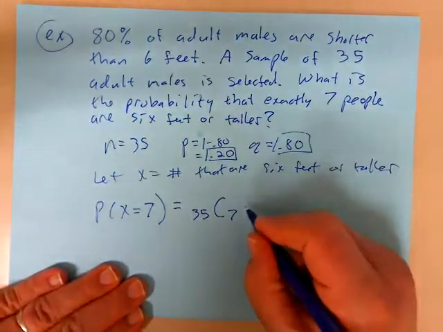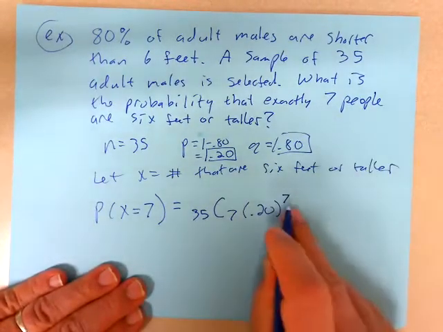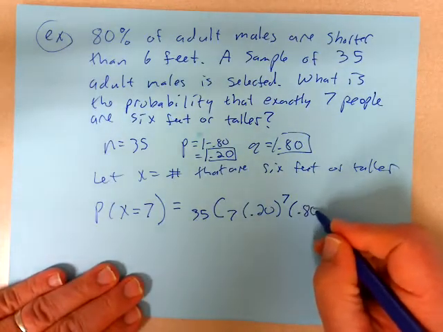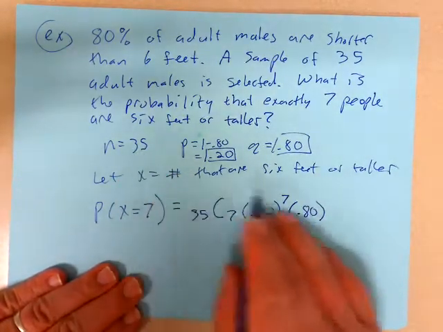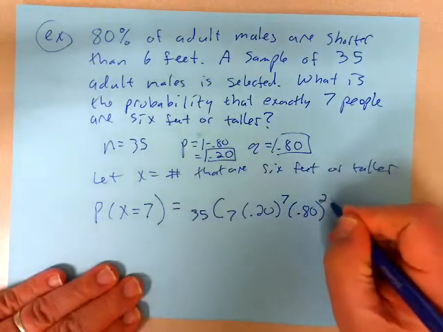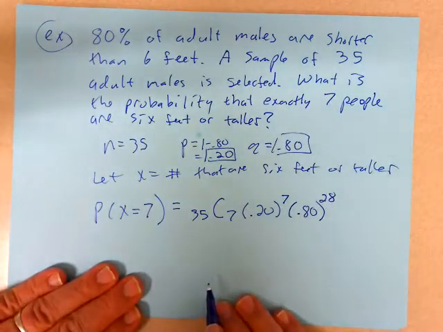That's how I think of that. The probability of a success raised to the number of successes I want, which is 7. The probability of a failure raised to the number of failures. So the number of failures would be 35 minus 7. So if I want 7 successes, I want 28 failures. In other words, these are going to add to 35, right?